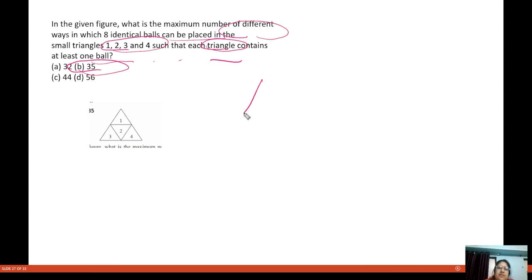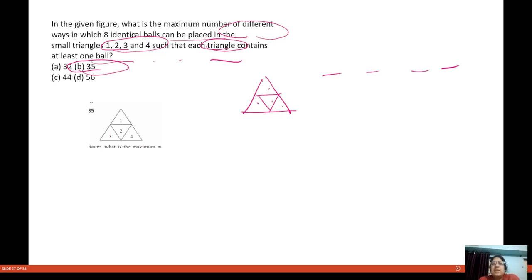So this figure is nothing but four different places to be filled, and each triangle should have at least one ball. The balls are identical, so arrangement will not matter.